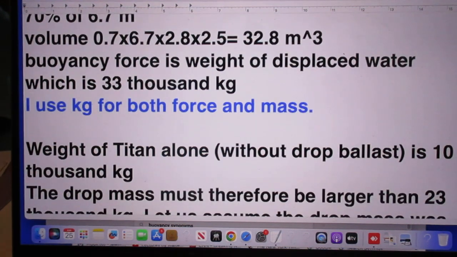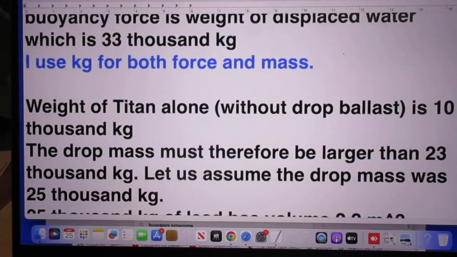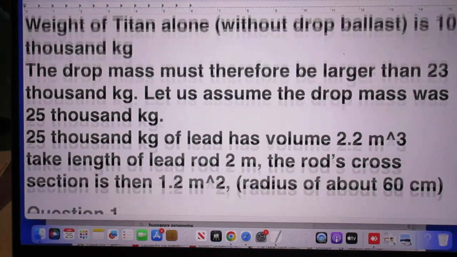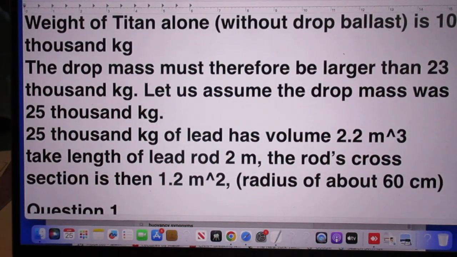And so in order to go down all by itself, you must have a balanced drop mass. I call it ballast because later you will drop it. Because the drop mass must be larger than 23,000 kilograms.